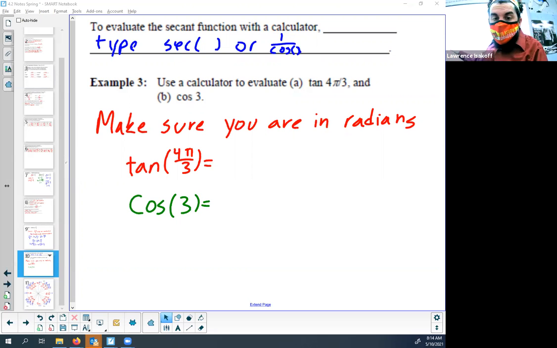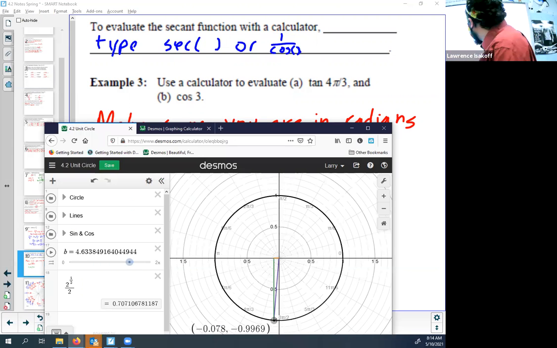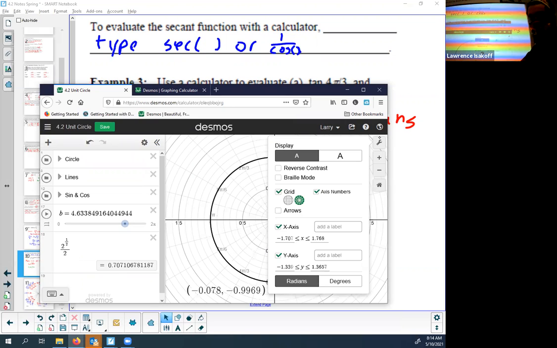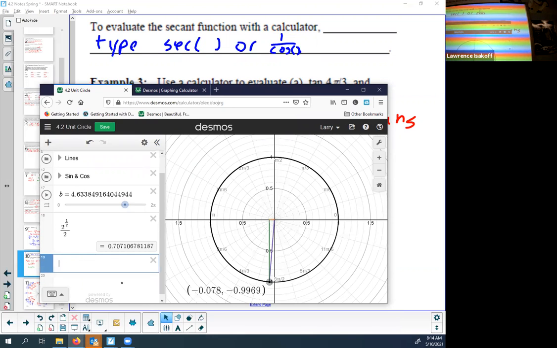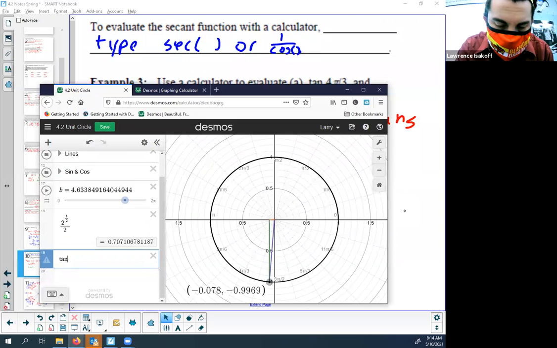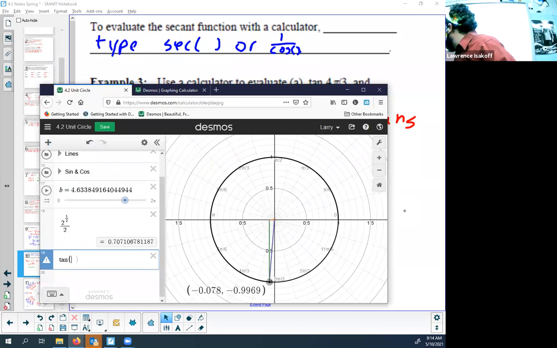Now, these said to evaluate in the calculator, so decimals are okay here. So I want to make sure I'm in radians. To do that, we hit the wrench up here. I see radians is highlighted, so we're okay. So I can just type tan, if you don't feel like typing it out.